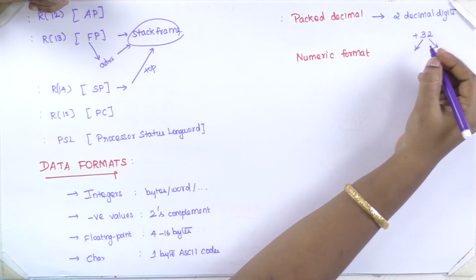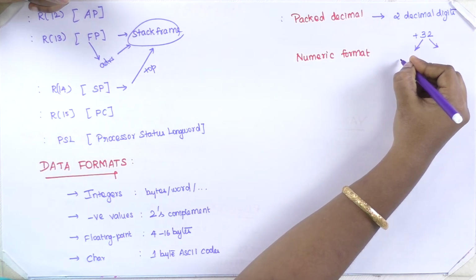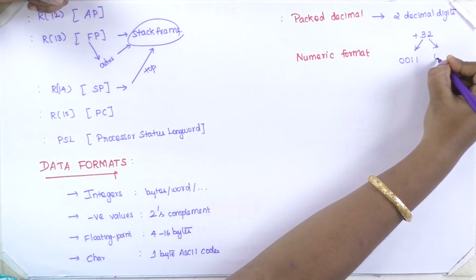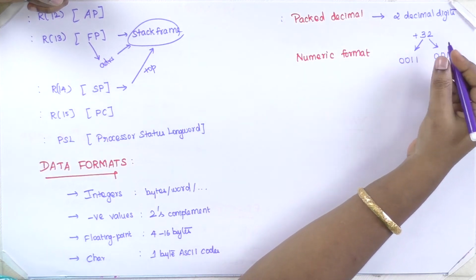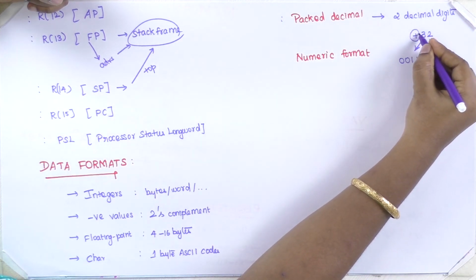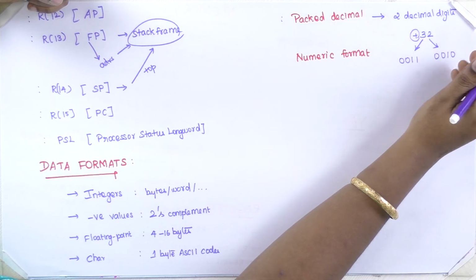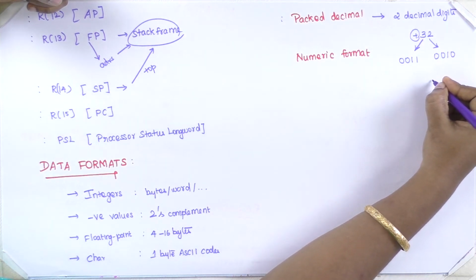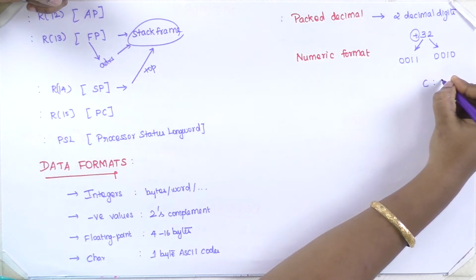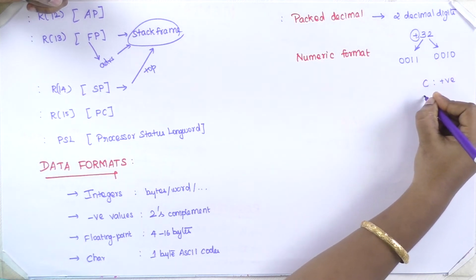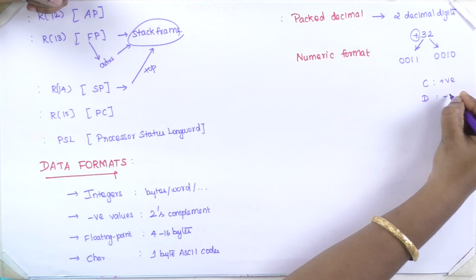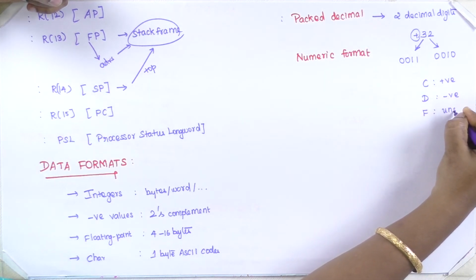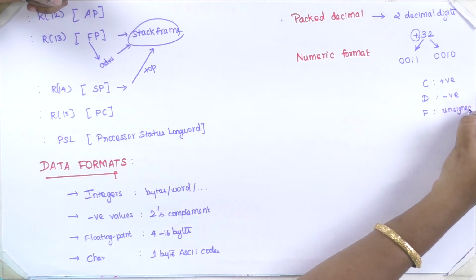So we will encode 3 as 0011 and 2 as 0010. Then the sign of the number is encoded in the last bit. We usually use the character C to represent a positive number, the character D to represent a negative number, and the character F to represent an unsigned number.